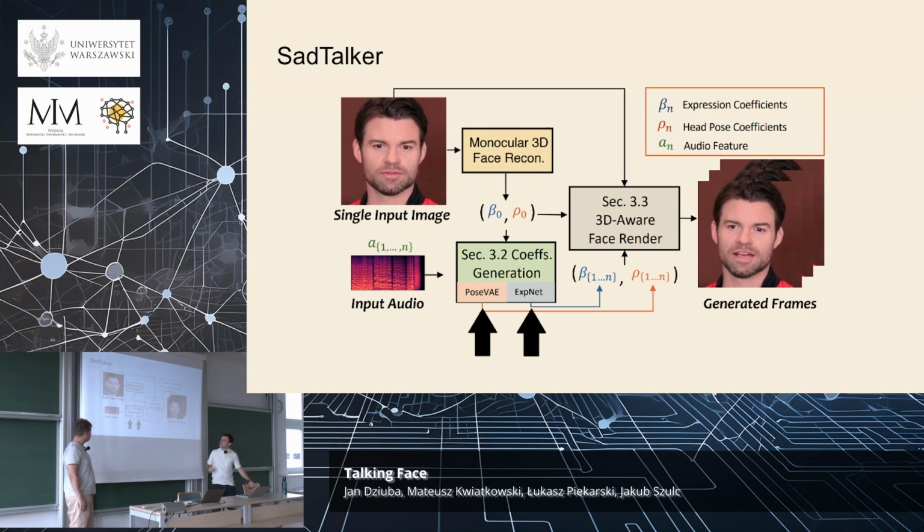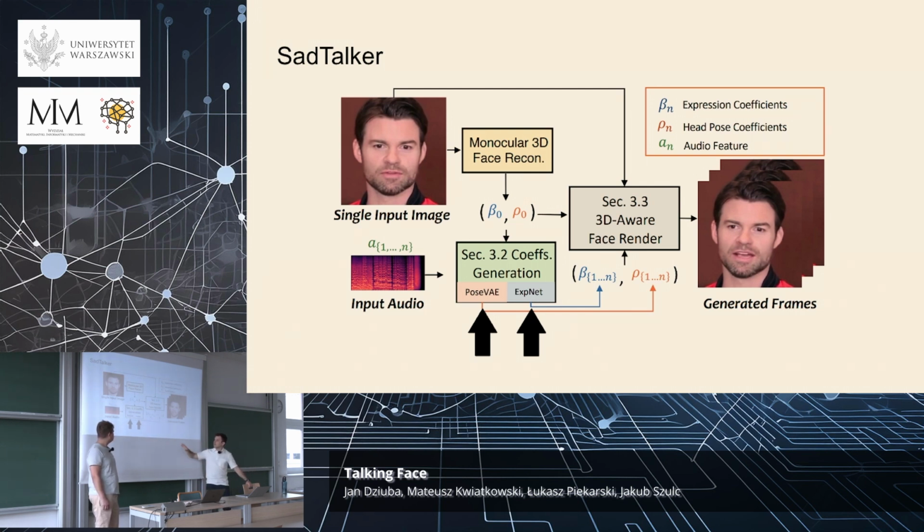So what are those vectors? From the single image, we can extract many features that tell us about camera angle and light, but we don't want to change those during this generation process. So we will pass them to this renderer, and we only want to change two features.